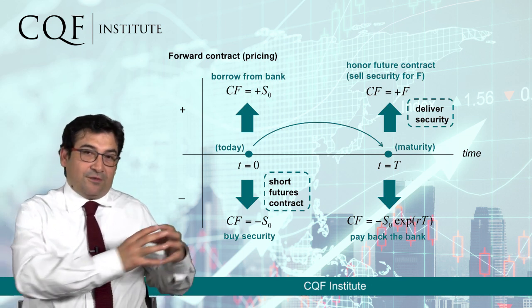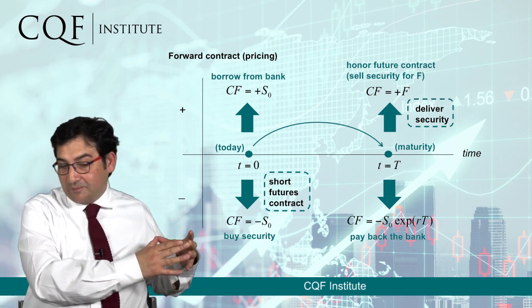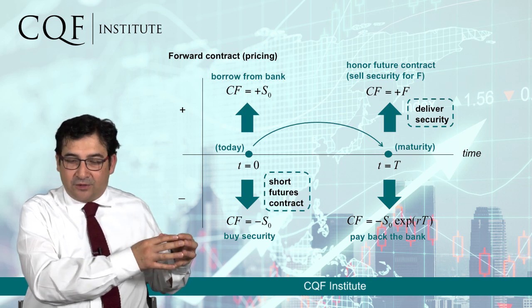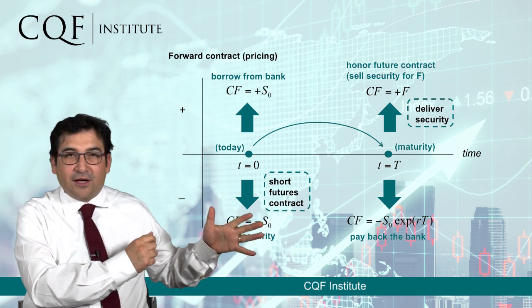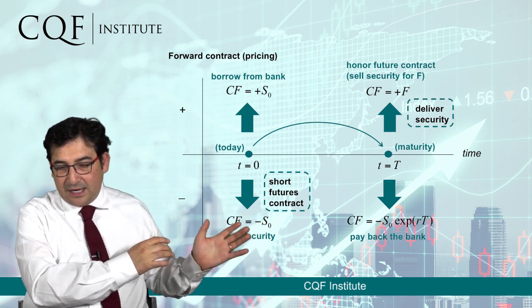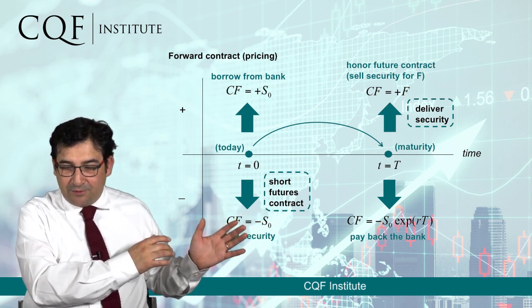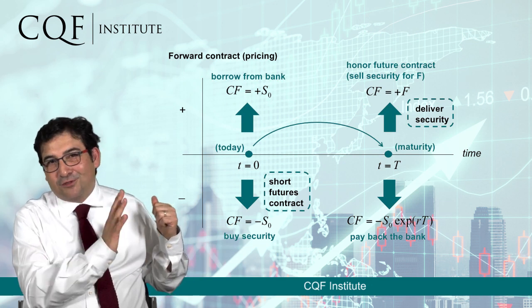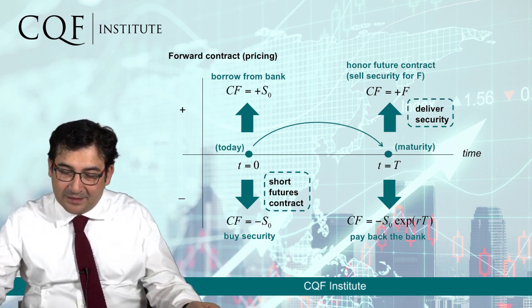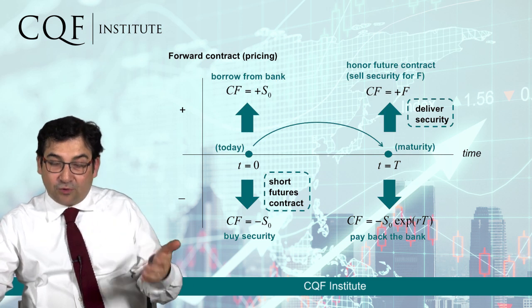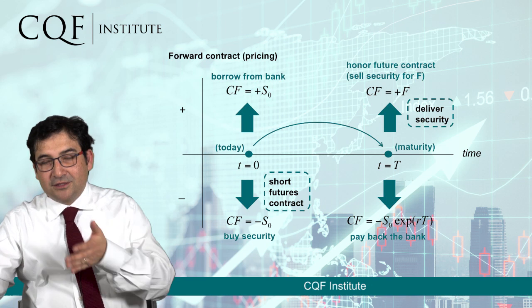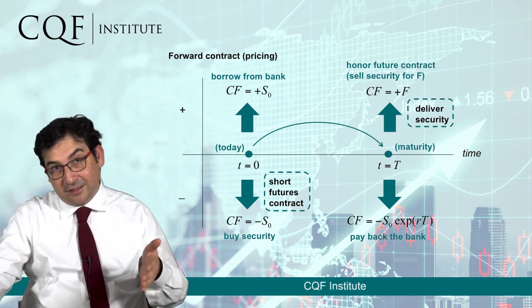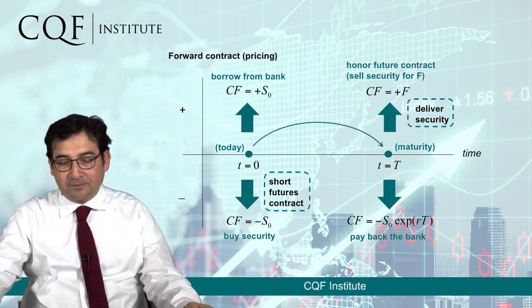We carry it into the future, and at maturity, what is going to happen? Well, we're going to honor the futures contract, and then we're going to sell the security for F, receiving capital F, the forward price, and we have to pay back the bank, of course. Let's not forget. We pay back the bank, considering the accrual in the price that the S0 increased to, so the effect of interest rates in this period.